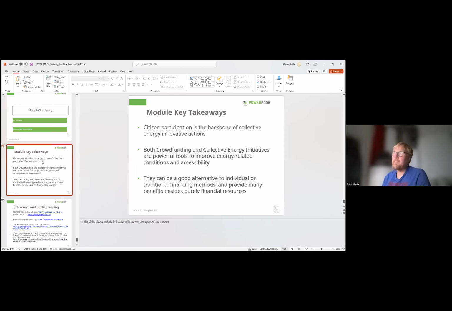So pooling interest and capital here can really be a change maker. Crowdfunding can support collective energy initiatives if they are structured rightly and if they address the needs of the financial givers, the funders, and so can therefore improve the conditions and accessibility of energy communities.